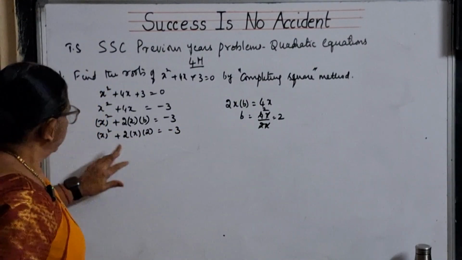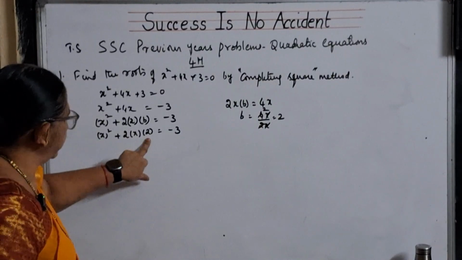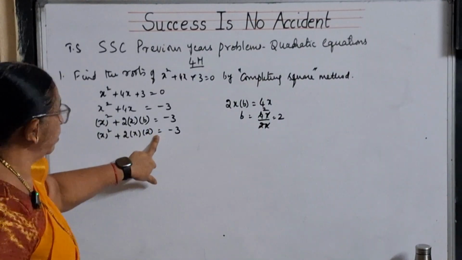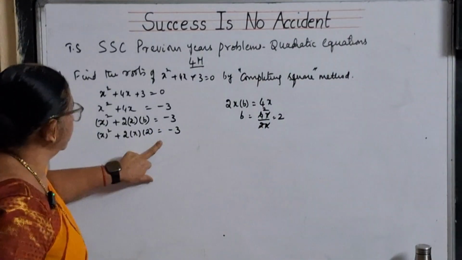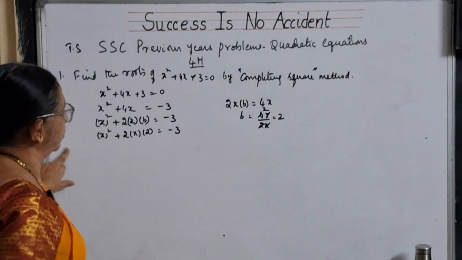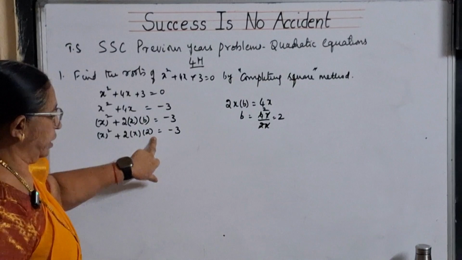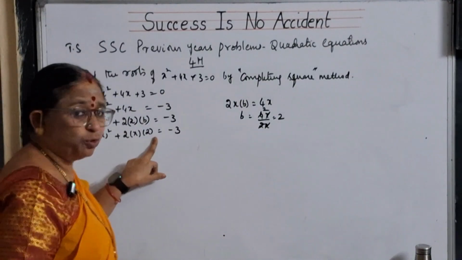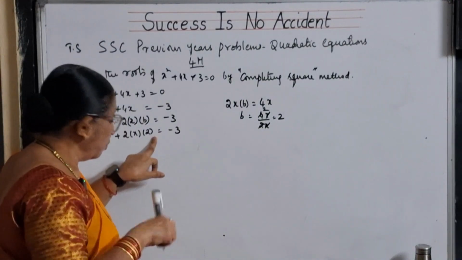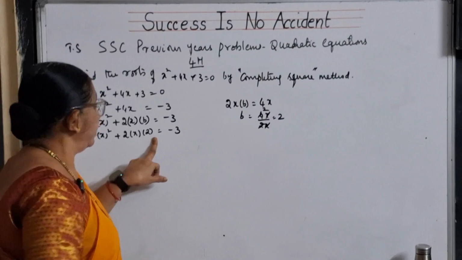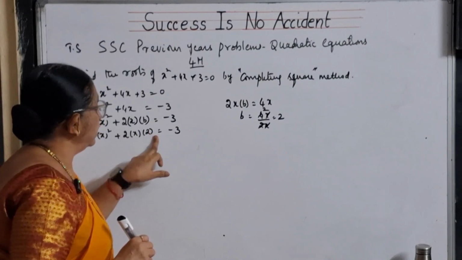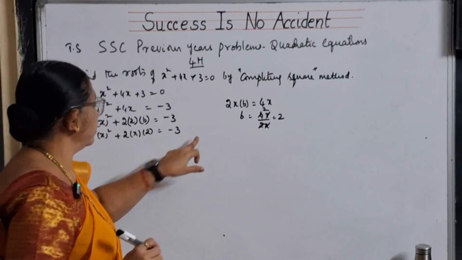Now here a square plus 2ab is there. If you write b square, it becomes a complete square of a number. That means you need b square, that is 2 square. But 2 square is not there here, so we need to add it. When you are adding anything here, you have to add on the right side also.